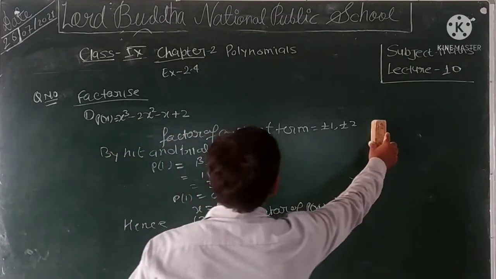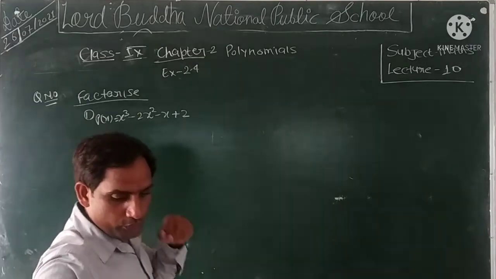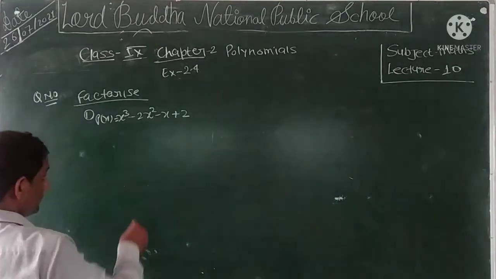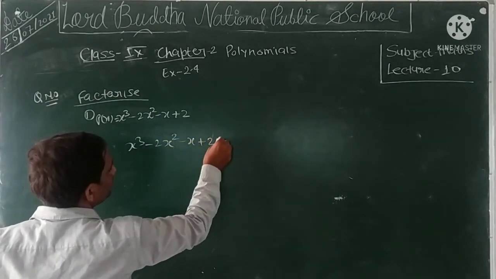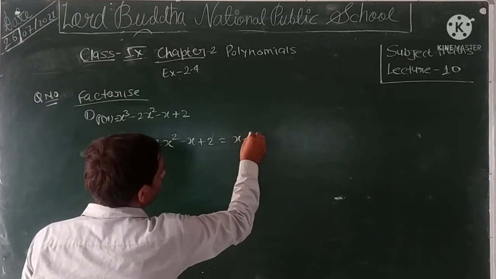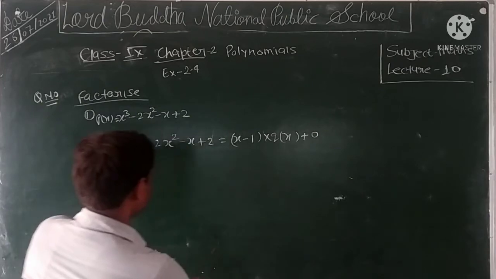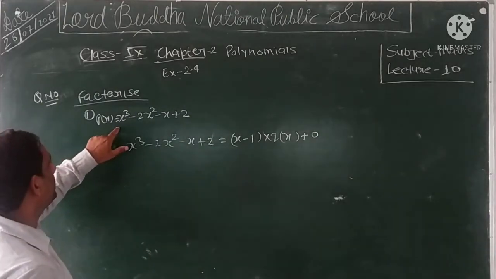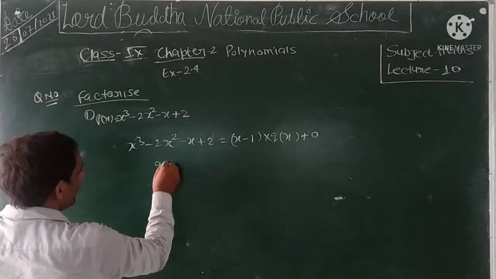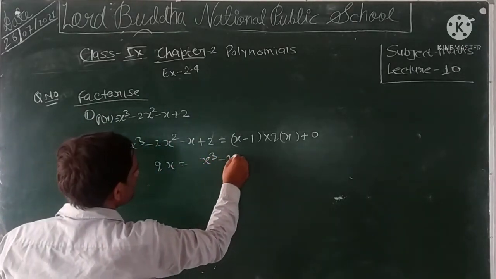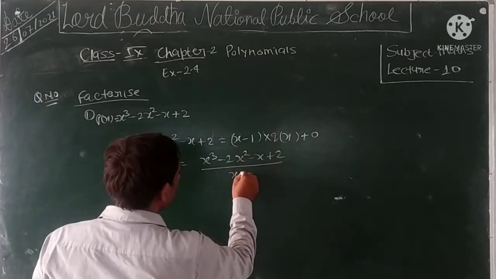Now we can write x cube minus 2x square minus x plus 2 equal to (x minus 1) into Q(x) plus 0. Now, Q(x) equal to x cube minus 2x square minus x plus 2 upon x minus 1.